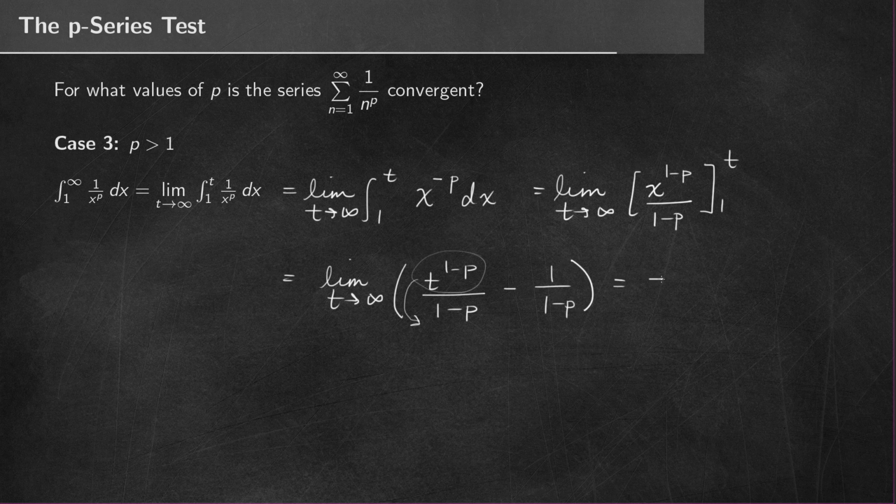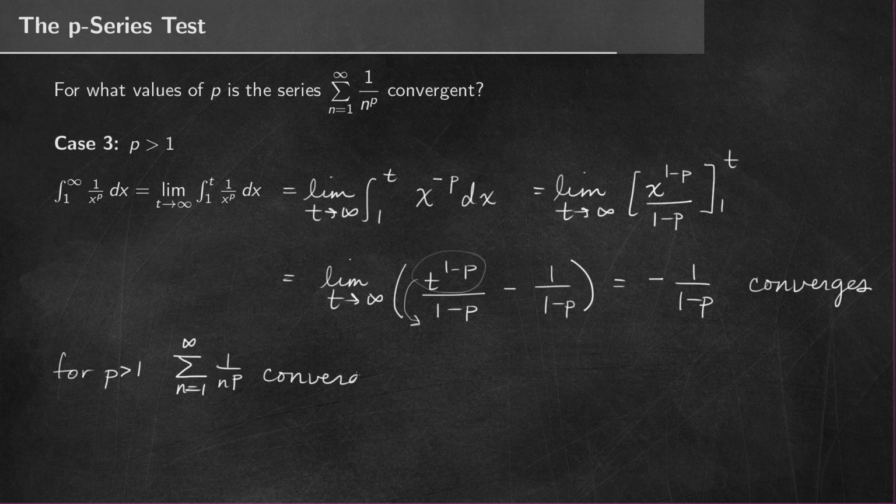So this integral is equal to negative 1 over 1 minus p, which is finite, so the integral converges. And if the integral converges, then our series converges. So we have, for p greater than 1, our series converges by the integral test.